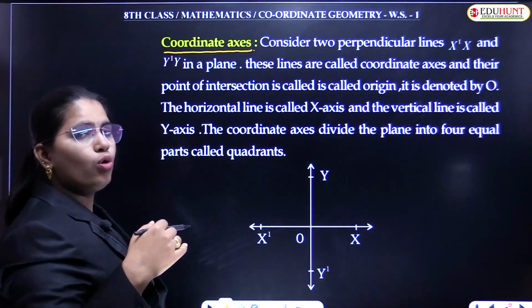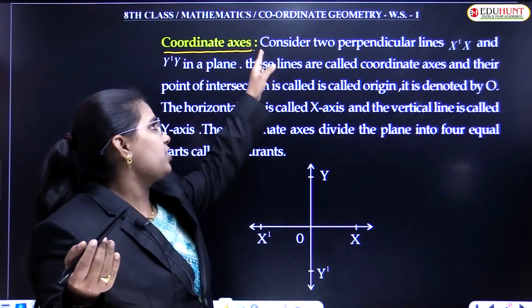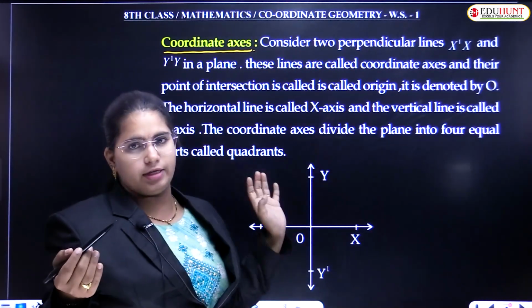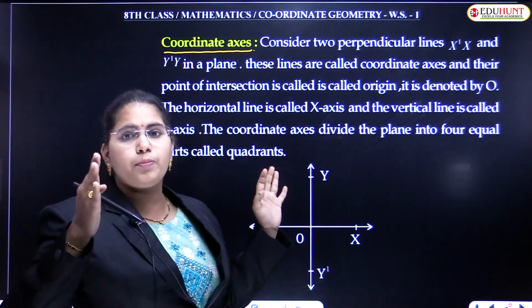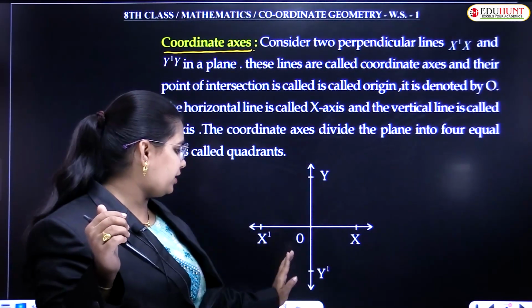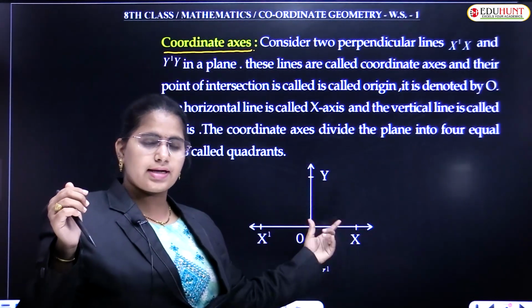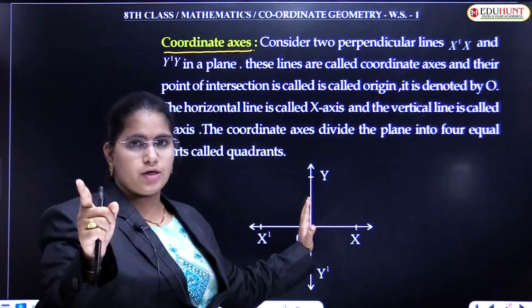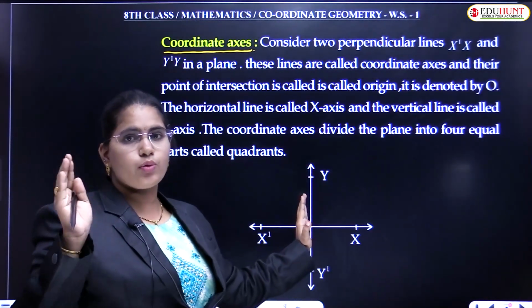What do you mean by a coordinate axis? See, consider two perpendicular lines. One is x dash x, other is y dash y. Means one is x axis, other is y axis. You people are already familiar with two axes, right?